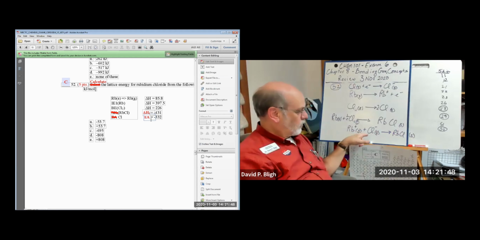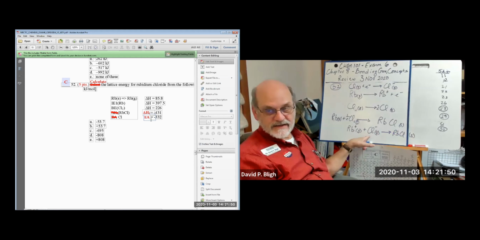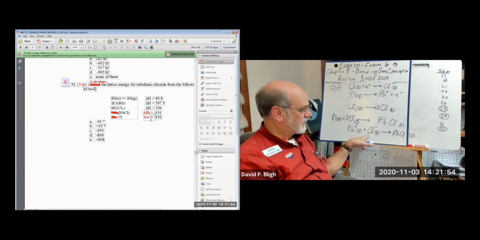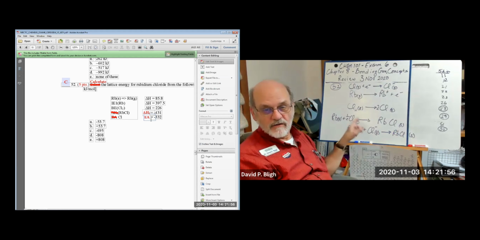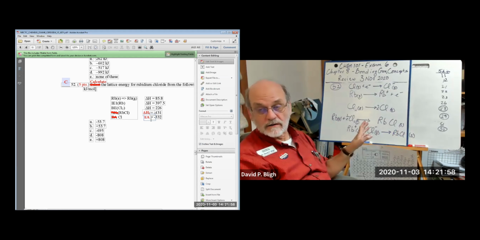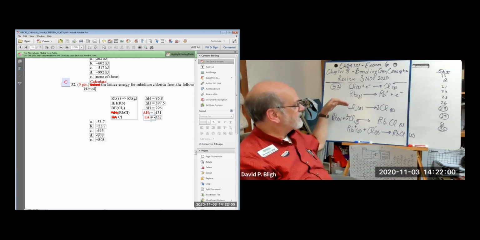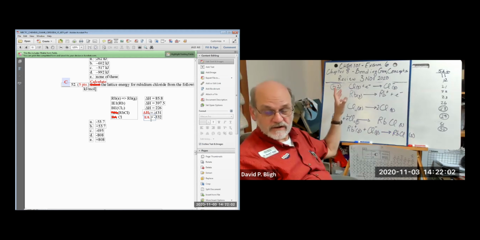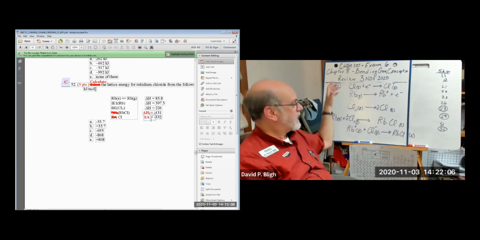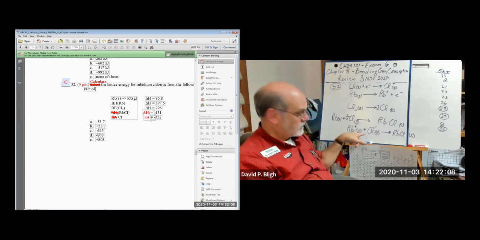Okay, what's that lattice energy? What's the value for the delta H here? This is a case of a pure Hess's law. You just combine these values with their delta H's, modified so that when you add them all together, you get that.